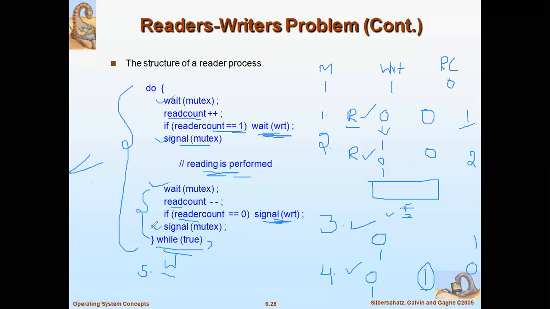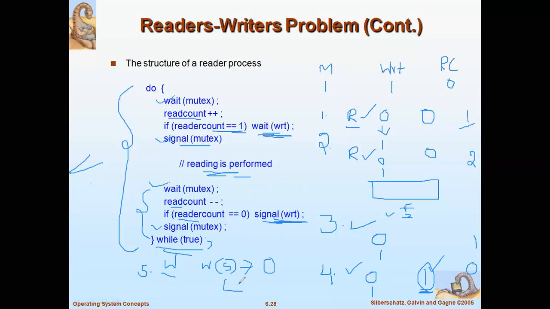Okay, so when a writer process comes, if you go back to the previous slide, you can see that, if you remember, now WRT is set to 1, right, because of this one. Okay, now when the writer wants to enter into the critical section, or it wants to write into the file, it will wait on the semaphore, in the sense WRT will now be reduced from 1 to 0.